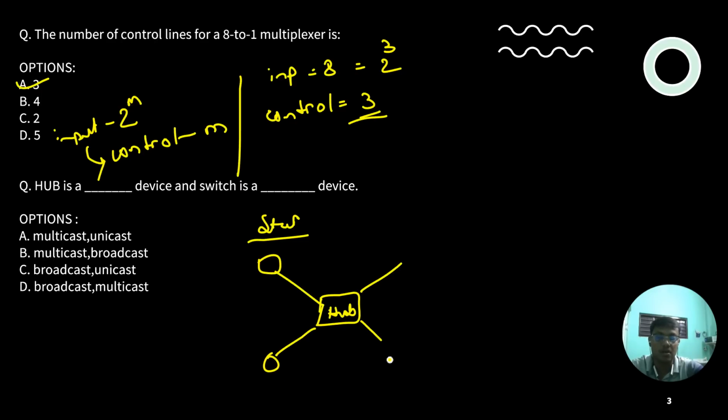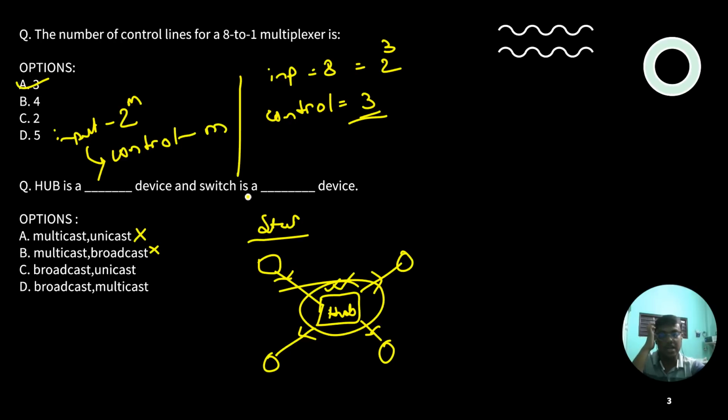Like this, all the systems are connected to the central hub. This means that any information coming from this would be sent to any other system connected in this topology. Hence, hub is a broadcast device. So these two options are already eliminated.